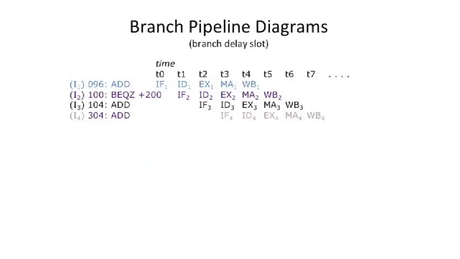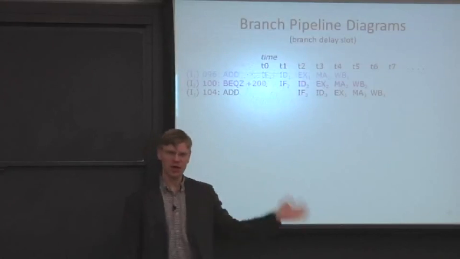So let's draw the pipeline diagram here of a branch delay slot. Our architecture has one branch delay slot. So we have the add flowing down the pipe, we have a branch flowing down the pipe, and now we're going to have this next add, and architecturally we've defined that always executes whether the branch is being taken or not taken.